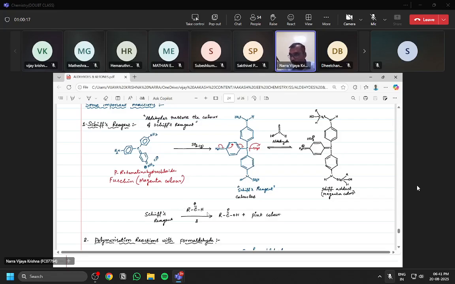To identify the aldehyde functional group, allow the compound to react with Schiff's reagent. If you get a magenta or pink color, it is an aldehyde. Otherwise, it is not. Clear? Yes, sir. Thank you, sir.